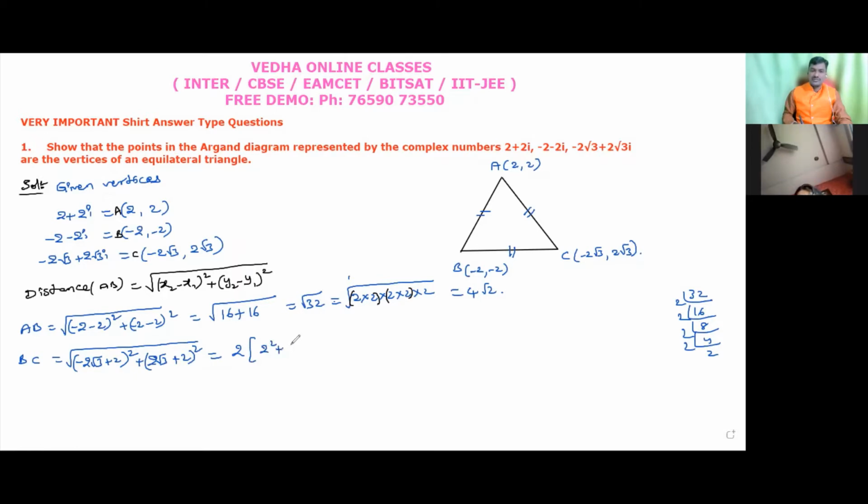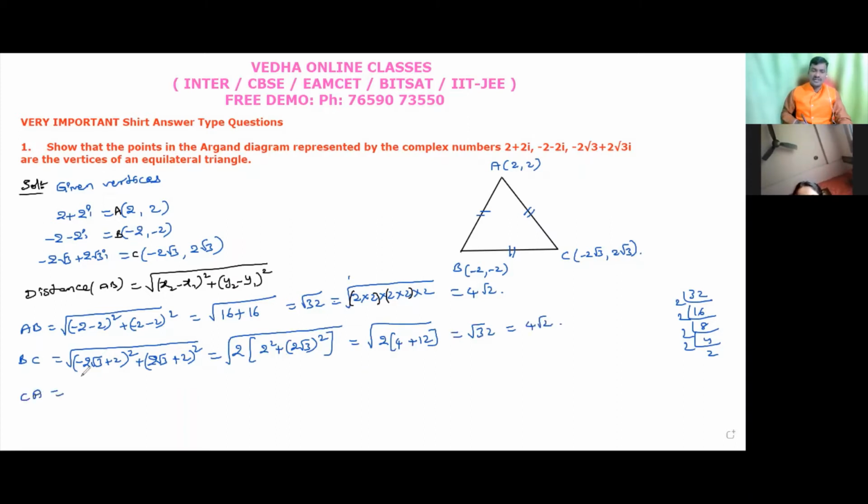So under root, 2 into (2 square is 4, plus root 3 square is 3, which becomes 4 plus 12), so 16 into 2 is 32. Root 32, which we just wrote as 4 root 2.